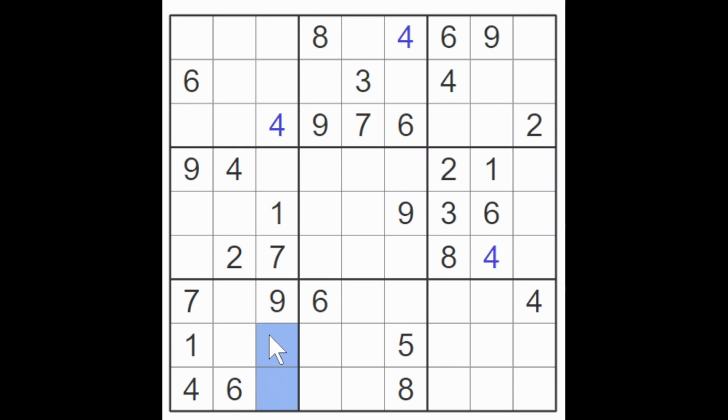So one of these must be a 2. We need to find a 2 for the first column as well, and it can't go here or here. It also can't go here because of the 2 over here, right? So this is a 2. And now one of these 2 cells must be a 2.